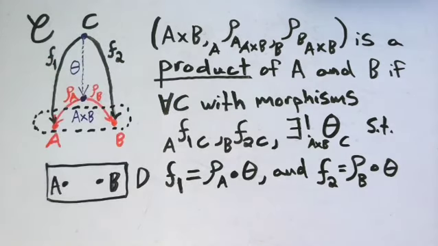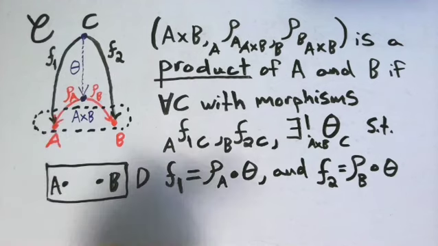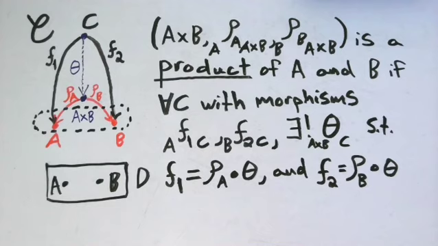Do you see how we actually have two cones over this diagram with A and B in it? If you don't see the two cones, maybe pause the video and try to remember what the definition of a cone is. Figure out what the two cones are and make sure that they do satisfy the definition of a cone. And they do.